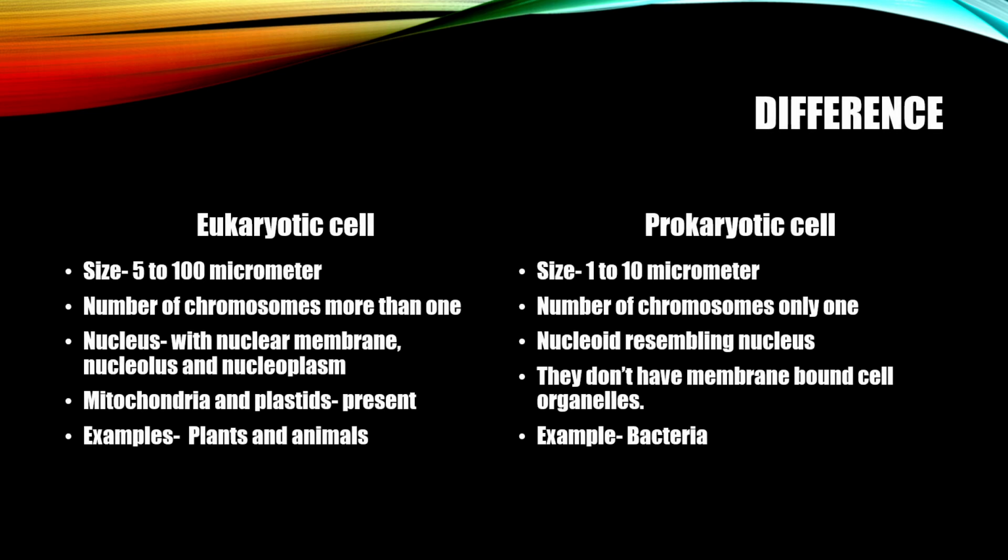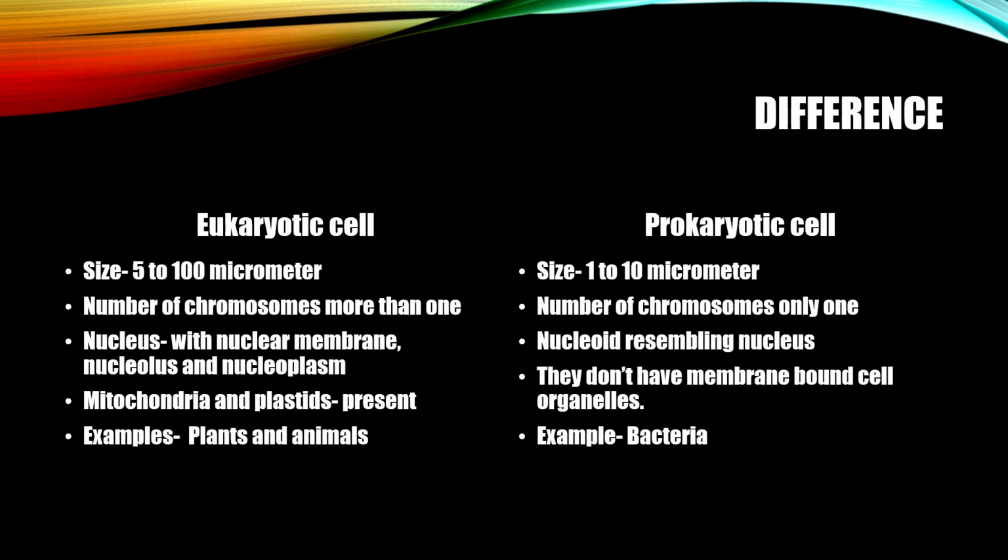Let us see the difference between them, eukaryotic and prokaryotic cell. Eukaryotic cell has a size of 5 to 10 micrometer, whereas in prokaryotic cell, the size differs from 1 to 10 micrometer. Number of chromosomes are more than 1 in eukaryotic, whereas in prokaryotic, number of chromosomes is only 1.